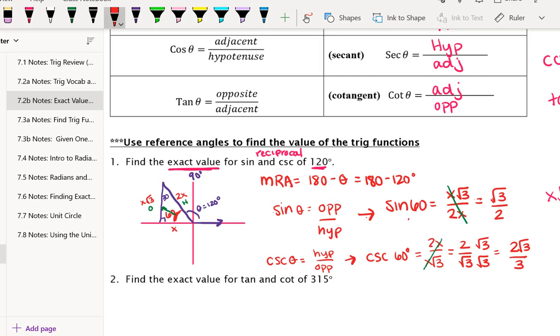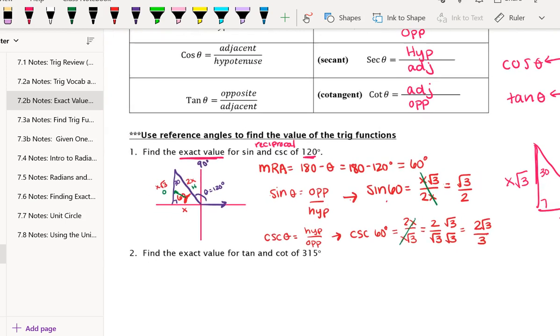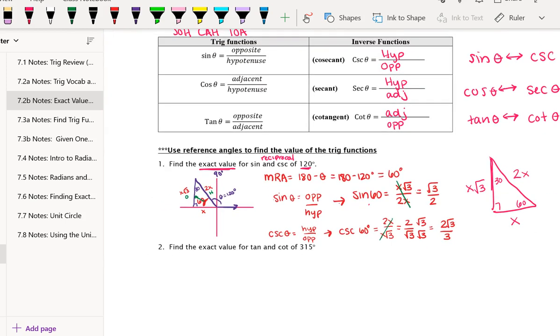Okay, now that was for the reference angle, but the reference angle is in the same position as the standard angle of 120. So once I find out that the reference angle, sorry, I didn't actually write that here, is 60 degrees, then that means that the sine and the cosecant of 120 are the same value.